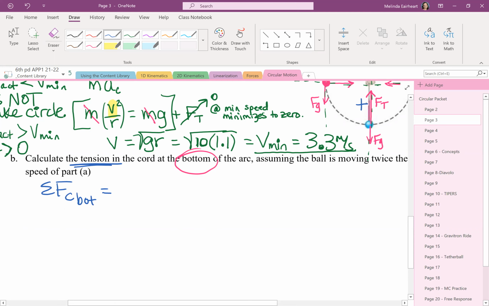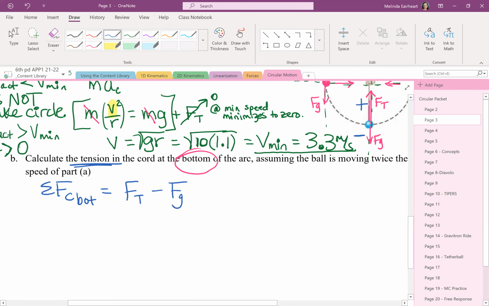Not because it's up, but it's center seeking. Gravity is negative. Why? Because it's center opposing, not because it's down. It's center opposing at that moment. And so our statement would be, I like to start with positive, so tension minus the gravitational force.